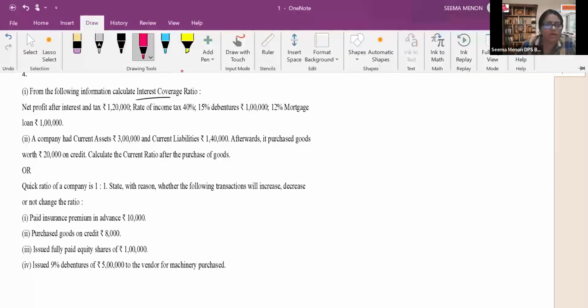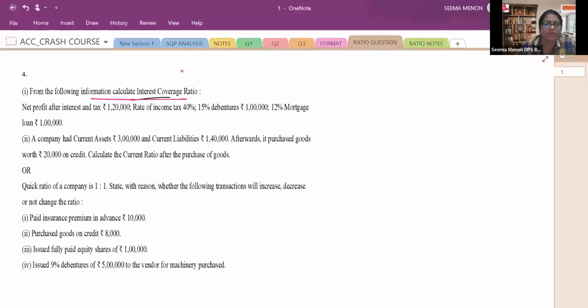Let's do that. Interest coverage ratio, you have to calculate. Net profit after tax is given. What is our formula? Let's write the formula. Interest coverage ratio is equal to net profit before interest and tax, NPBIT.